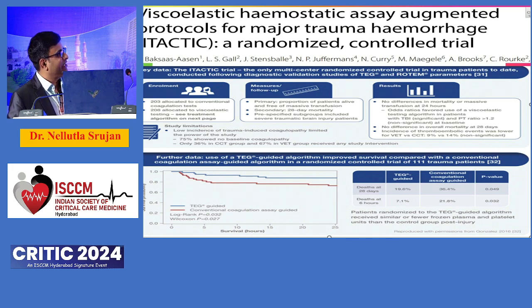But they didn't find any difference in mortality or massive transfusion at 24 hours, and no difference in the secondary outcome, the overall mortality at 28 days. But there was a subgroup with severe traumatic brain injuries, which showed that the TEG-based algorithm group received lower FFP and platelet transfusion than the control group.